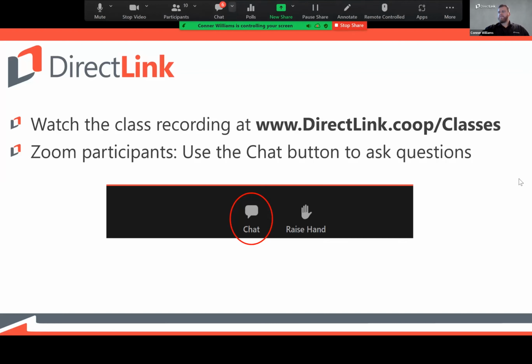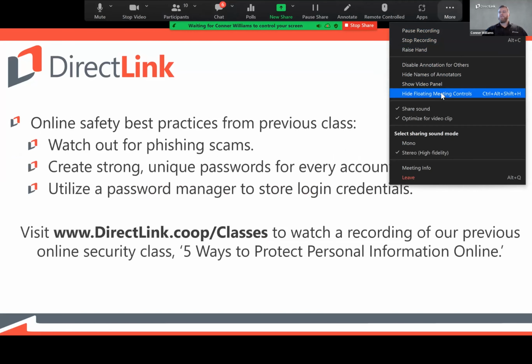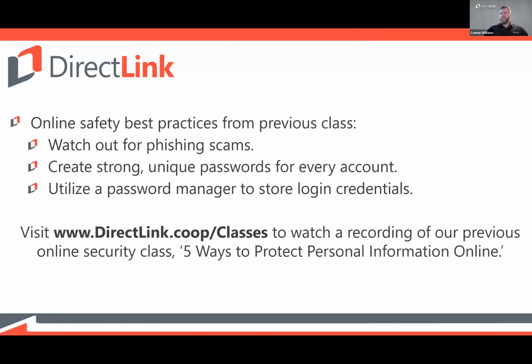So this class is the next step to the community class that we did at the end of March. That was our first class, 5 ways to protect personal information online. Thanks everybody for your understanding as we navigate the different Zoom controls to allow us to do this remotely.